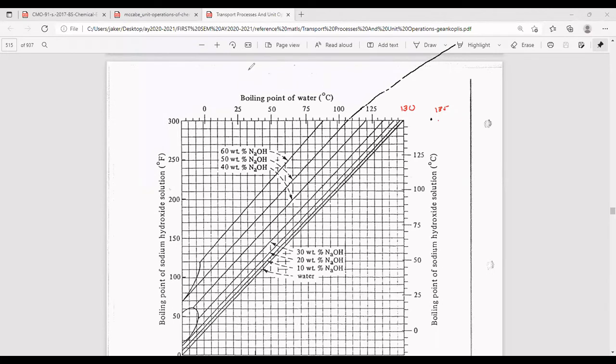So I'll go up. This is my 134.1. Okay, 134.19 to be exact. So your 134.19 is this point here.